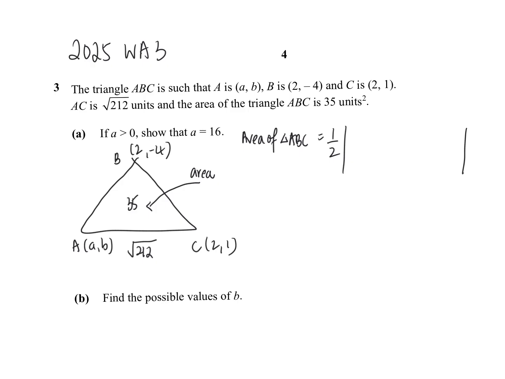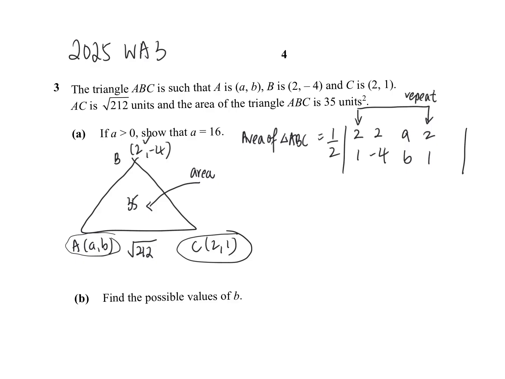So let's say we start from, okay, I will avoid starting from AB because I don't want to repeat AB one more time. So I will choose to start from C. So (2, 1), then followed by (2, negative 4), AB, and then I repeat (2, 1). So remember the first point that you started off with, you must repeat. Okay, and then your formula will always have a half in front of it.